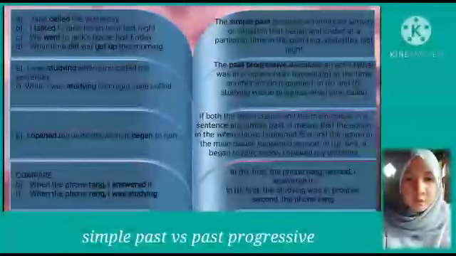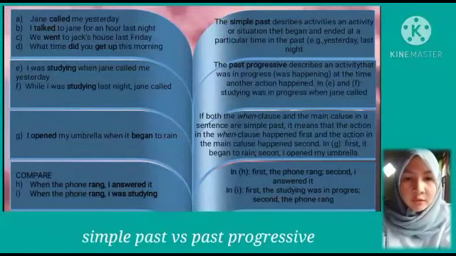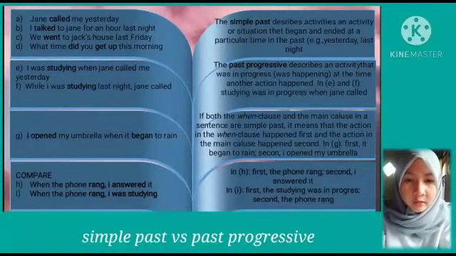B. I took Jen for a horse ride last night. C. We went to Jack's house last Friday. D. What time did you get up this morning? The simple past describes activities or situations that began and ended at a particular time in the past, e.g. yesterday, last night.